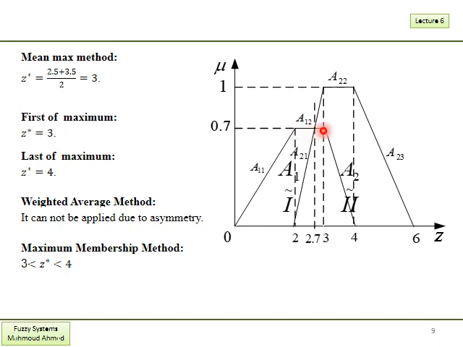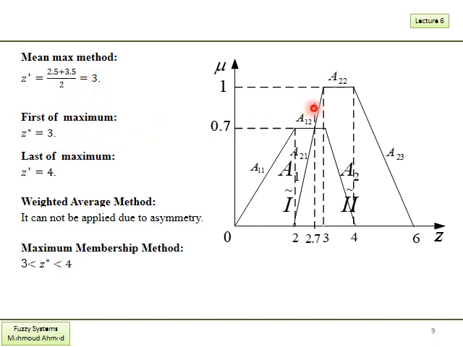Here the maximum lies in the range 2 and 3, so the mean is 2.5, and here the maximum lies between 3 and 4. So the mean here is 3.5. We add them together and divide by 2 to get the mean max value, which is 3.